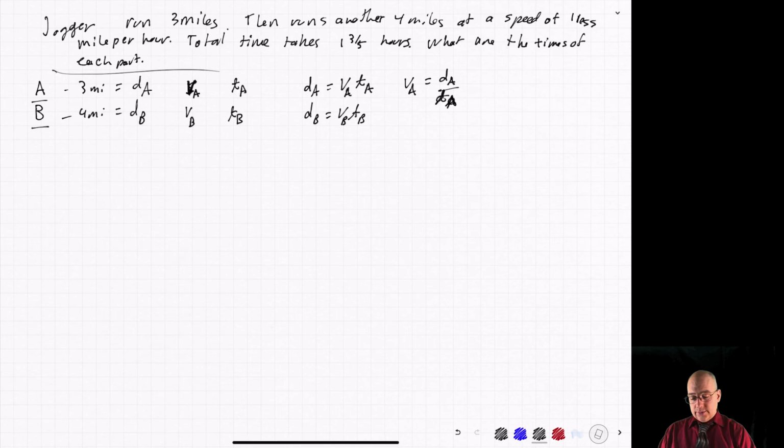Okay, so we got velocity, we've got times, distances, and we were told, so we've got the 2 distances, and we're told the total time, which is equal to the time of the A part plus the time of the B part, is equal to 1 3/5.